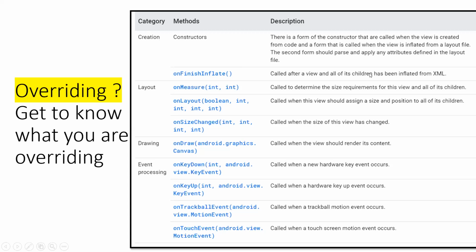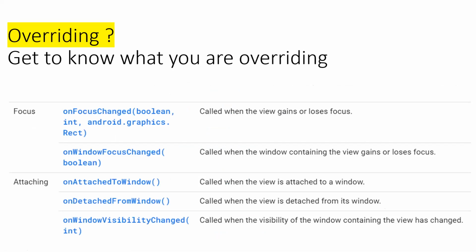I told you, just imagine the user interface in the form of a tree. So if you want to change some of its behavior, then you need to override this method.